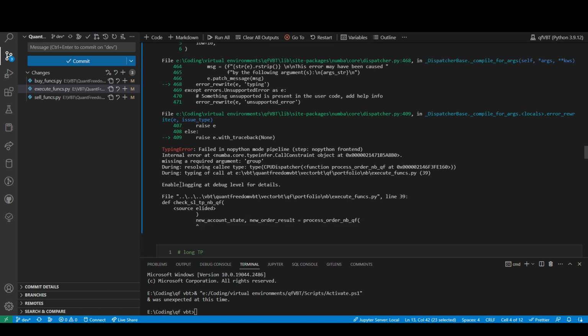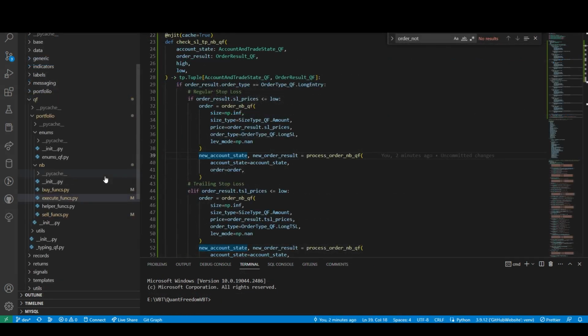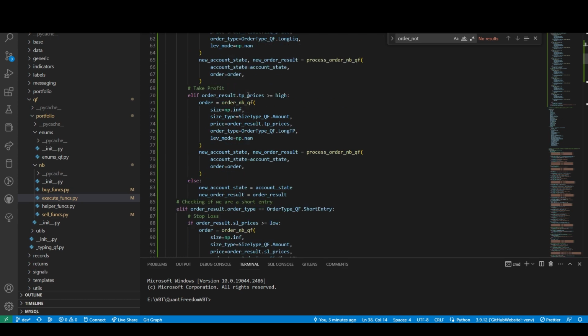During process order in execute functions line 39. What's wrong? I'm sending it in order. Failed a non-pipeline front end. Missing an argument of group? Group? What?